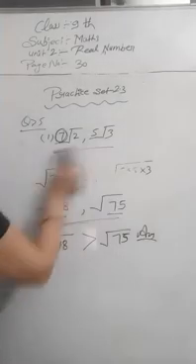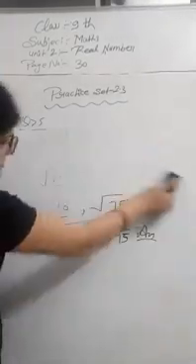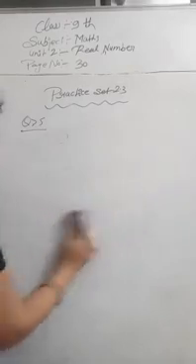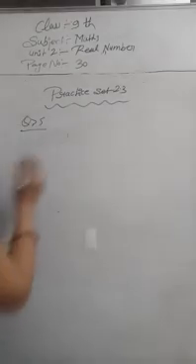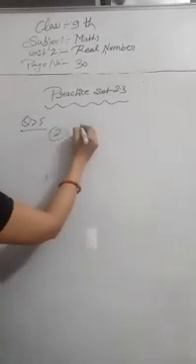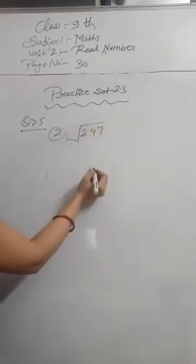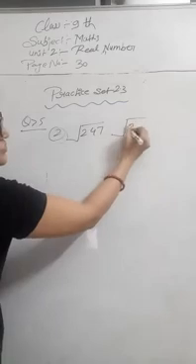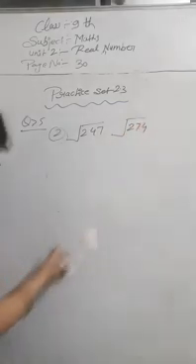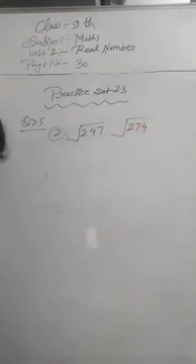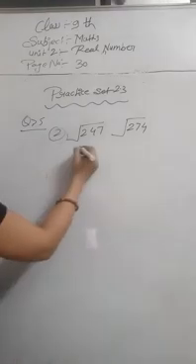So we will do our second question, fifth ka second number: root 247 and root 274. Root 247 and root 274. So which one is greater?